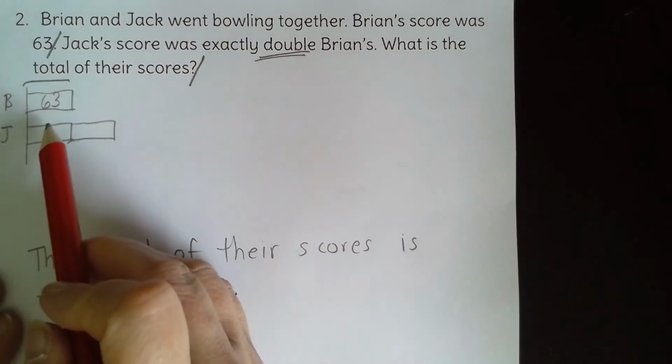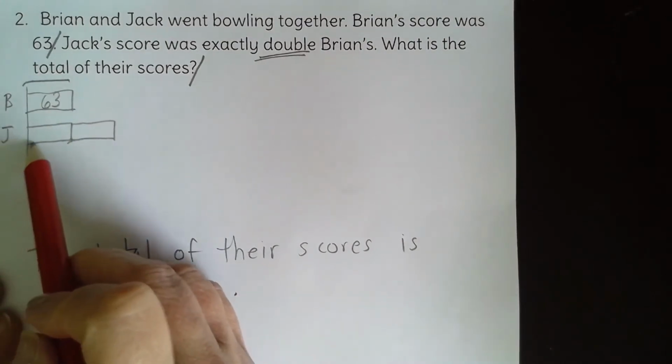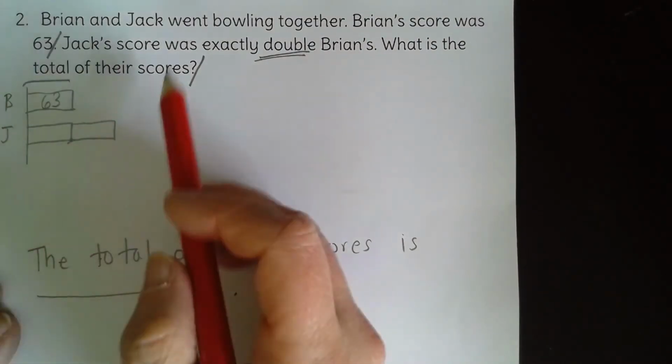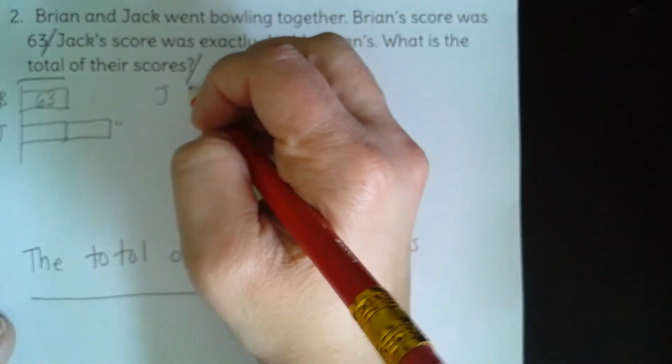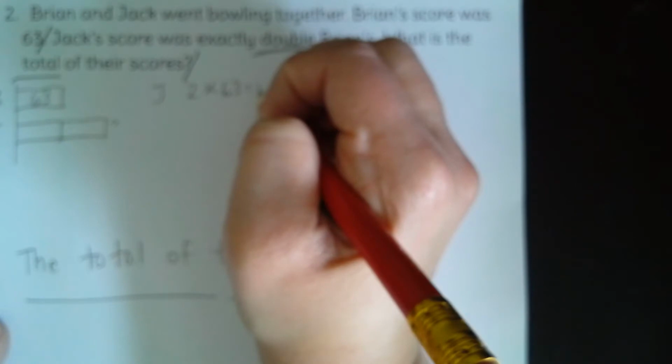If Brian's 63 and Jack's is double that, that kind of helps me get an idea for how to figure out Jack's score. I can figure out Jack's score by doing 2 times 63.